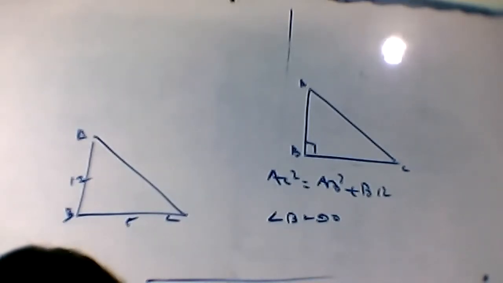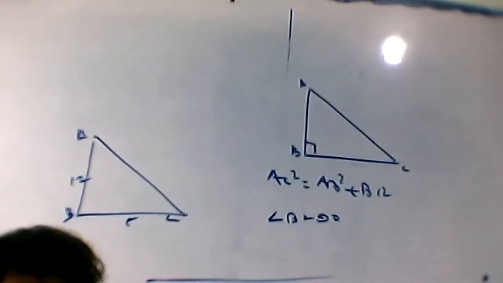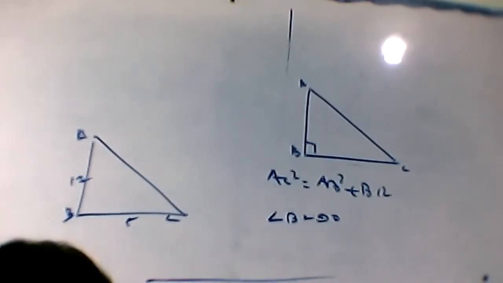Keeping its foot at the same point, the ladder is turned to the other side of the street to reach a window 12 meter height. Find the width of the street.